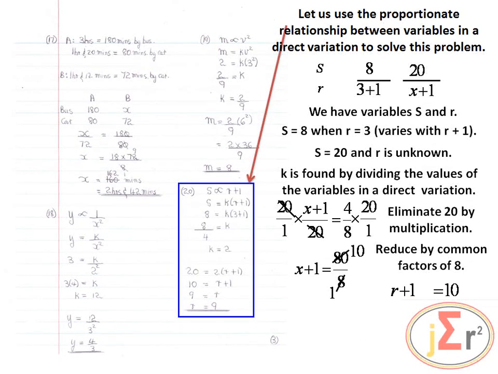So we have r plus 1 is equal to 10. And what do we do? Well, now we have it on the left hand side, but we do the same. Eliminate 1 by subtraction. And when we subtract, r is equal to 9 as before.